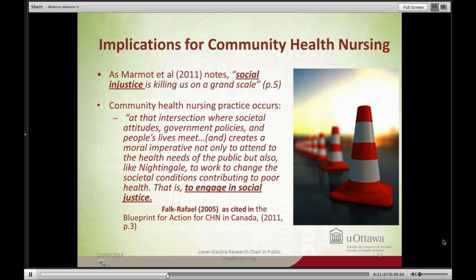That is, to engage in social justice. And so, clearly, part of our work as public health nurses and community health nurses, whether we work in home care or in public health, is to engage in social justice work.